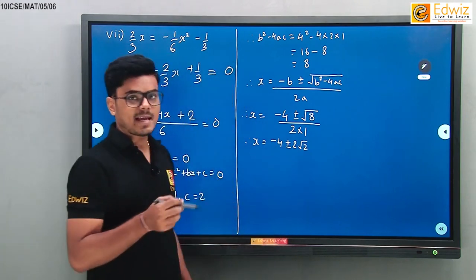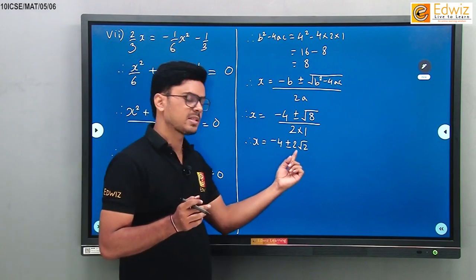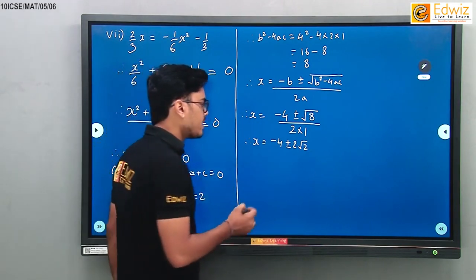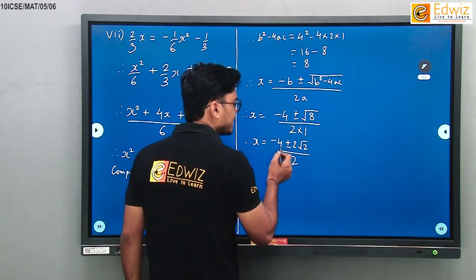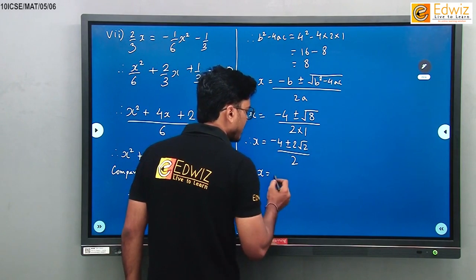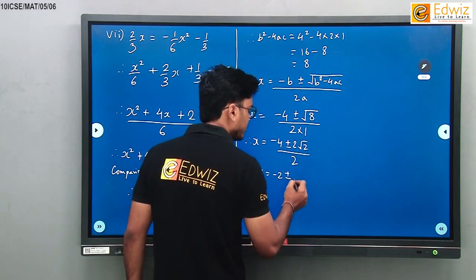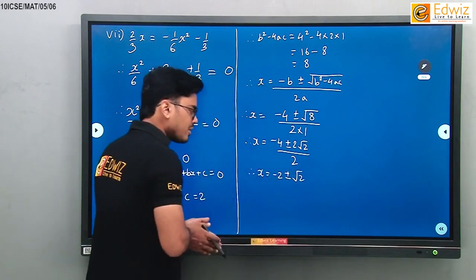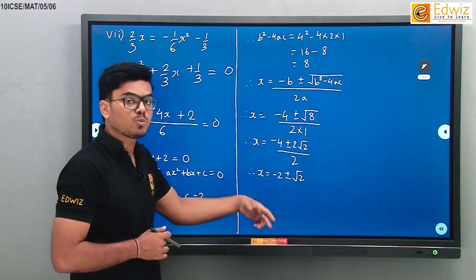Why? Because 8 is 2 cube. Out of that cube, one pair of 2's will come outside and one will be left behind. Divided by 2. Here this 2 can divide this minus 4 and this 2. So x is equal to minus 4 divided by 2 is minus 2 plus or minus 2 and 2 cancel, only root 2.